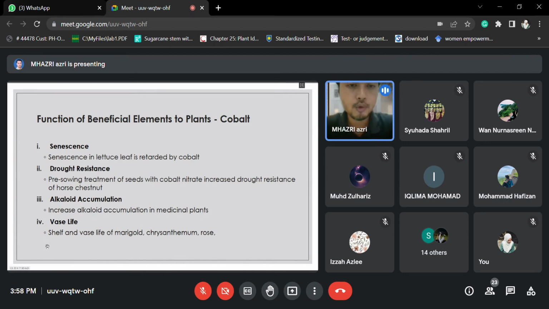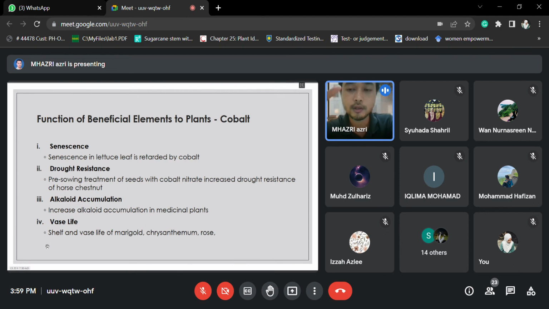Okay, plant can produce a wide range of secondary metabolite. Okay, for example, it can produce terpenes, apa lagi, flavonoid. It also can produce alkaloid. Okay, so alkaloid have a wide functions in plant physiology.